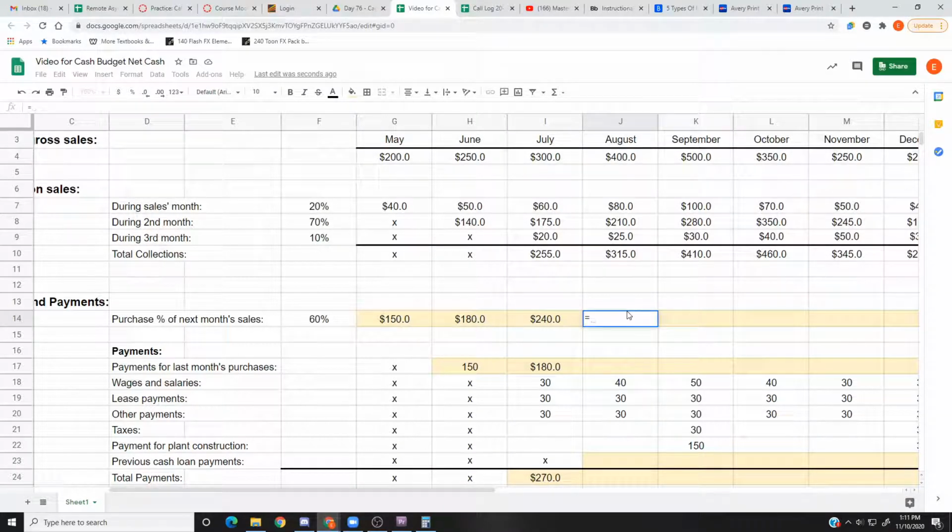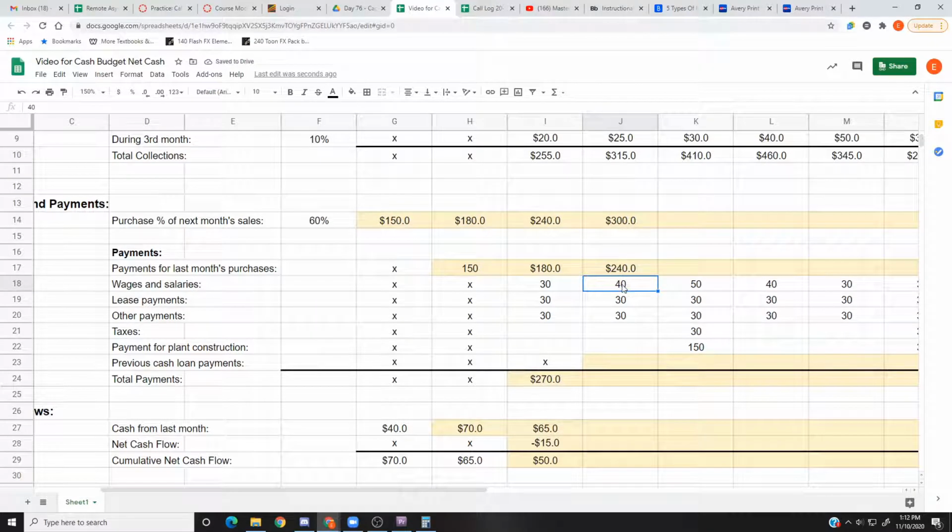So I'm going to be taking the $500 I expect to sell, multiplying by 60%, and I need to purchase $300 worth of supplies for next month. I'm not going to pay for that till next month. That's why I'm going to go ahead and pay for last month's purchases now. So I'm spending $240 this month, plus wages, salaries, lease payments, other payments, anything else that's on here.